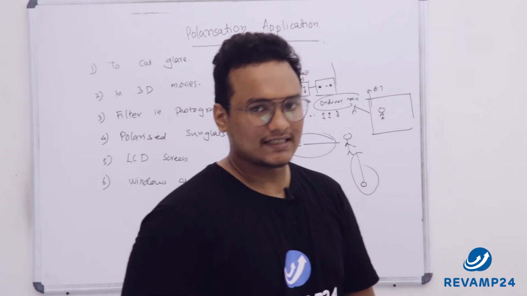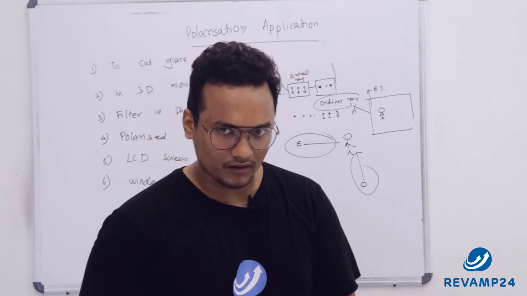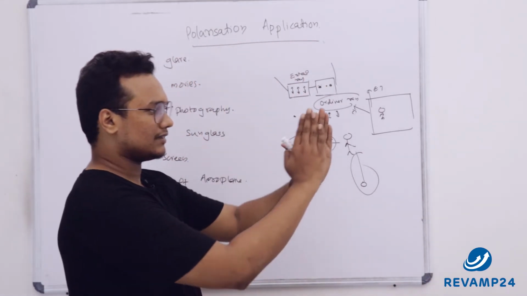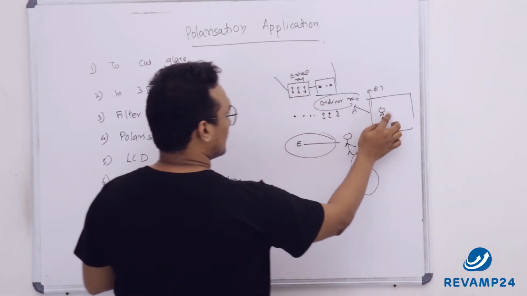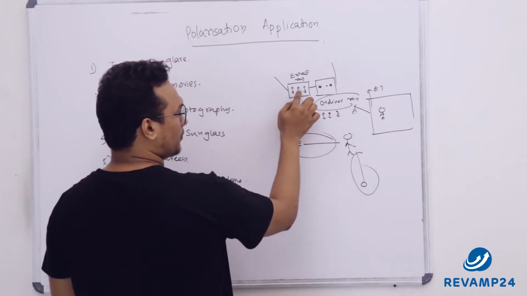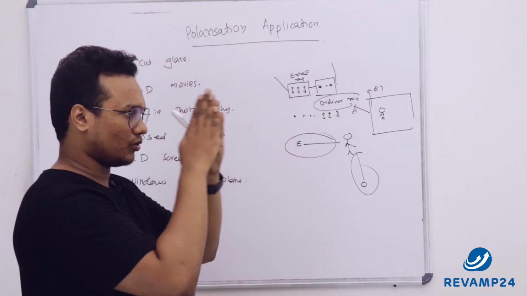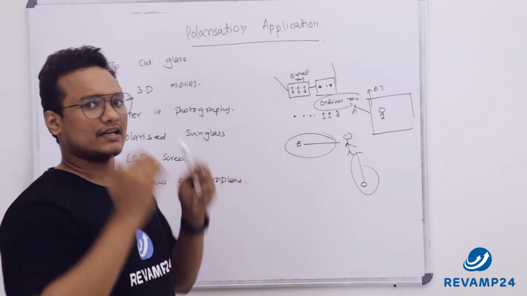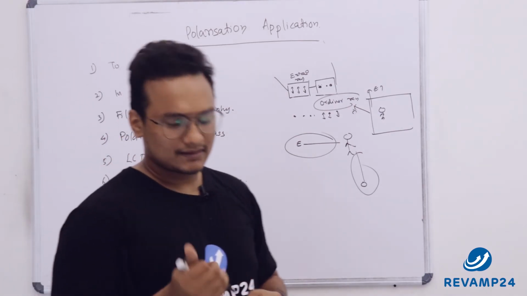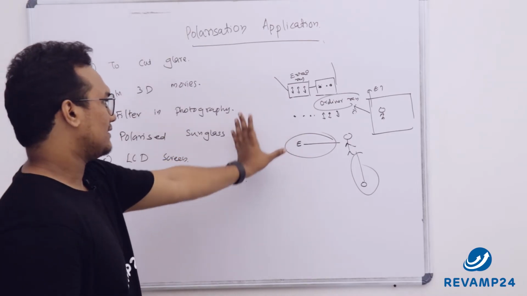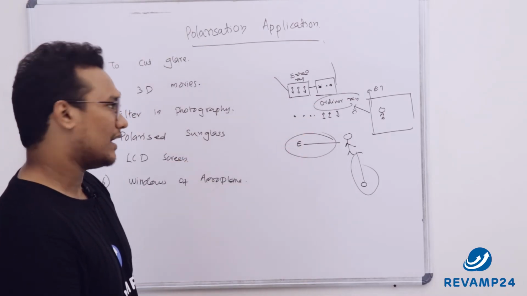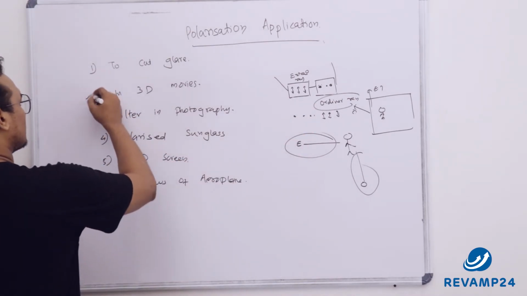So these are two distinct pictures, but they are overlapping, but still I would say that these two are different angles. So these two images from the 3D picture are captured through two different glasses, and on reaching the retina, that will create a 3D picture. Okay. So this application in detail won't be asked in your examination. You can just say 3D movies.